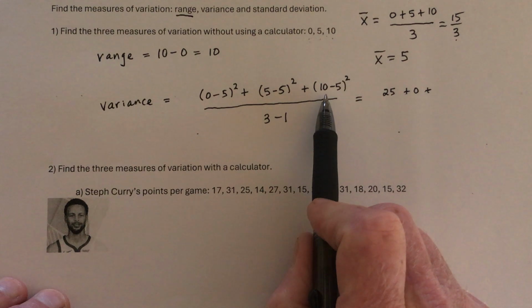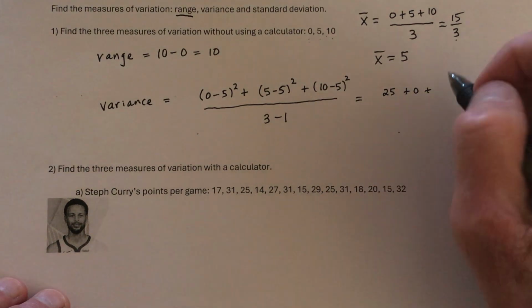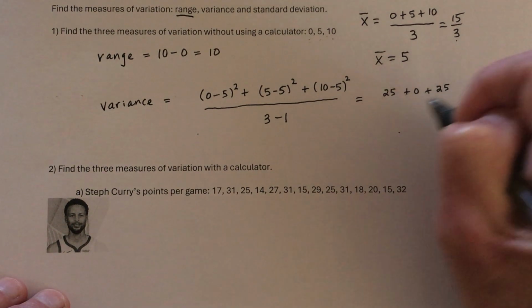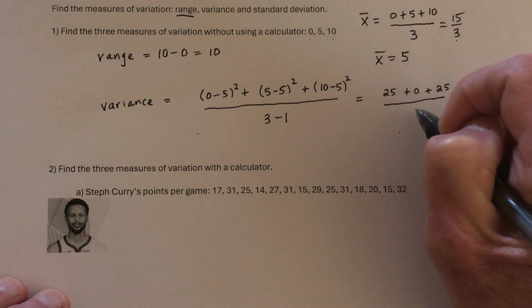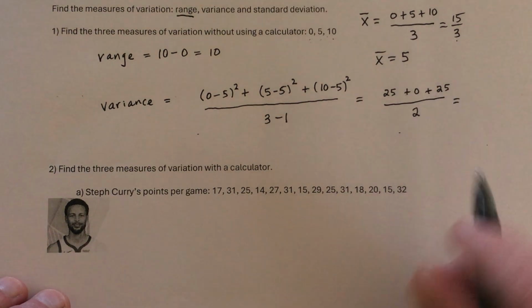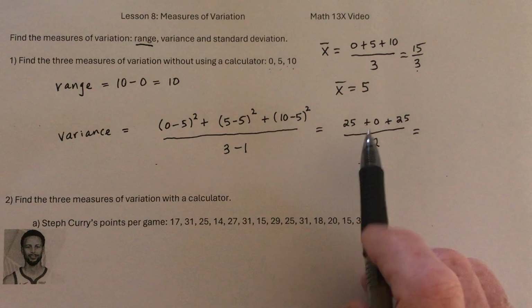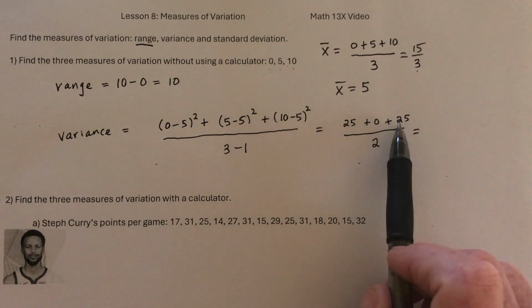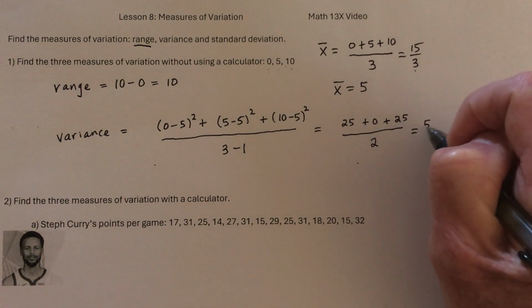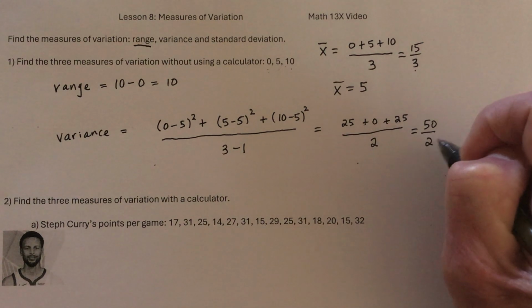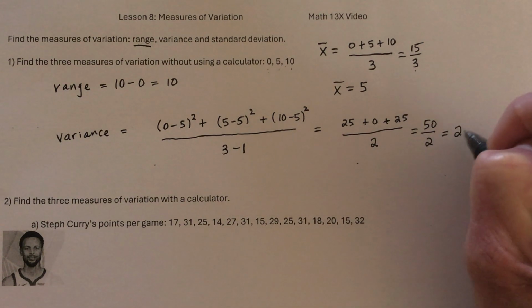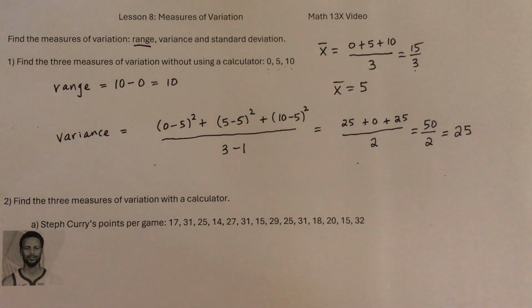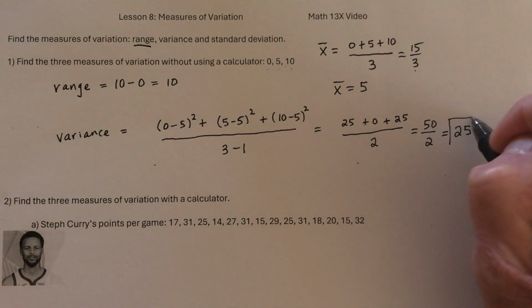And this is going to be 5 squared, which is 25. And then on the bottom, it's 3 minus 1, so that's 2. And then to finish this one, it's basically just 25 plus 25, so that's 50. And 50 divided by 2 is 25. So there is the variance.